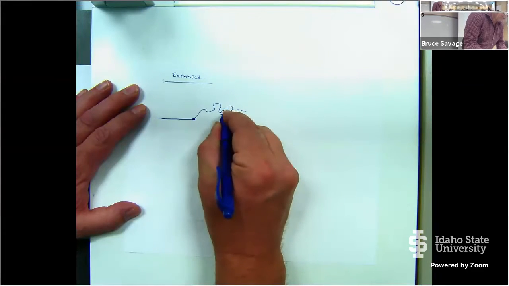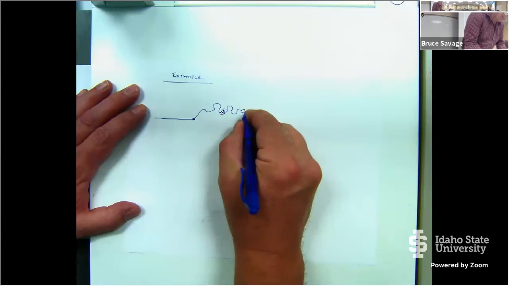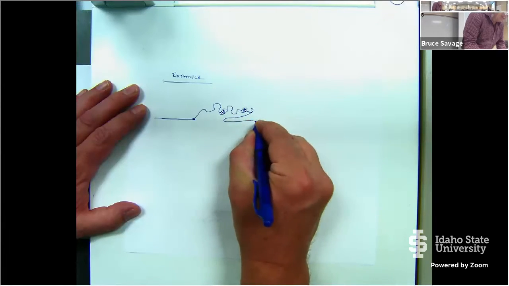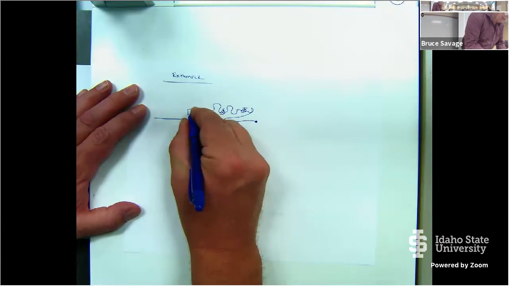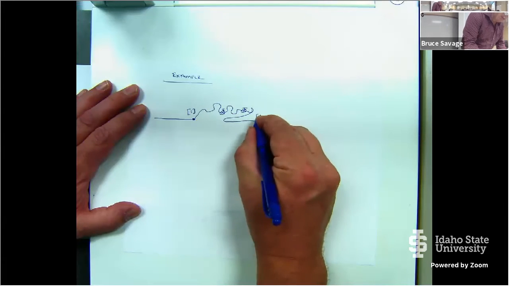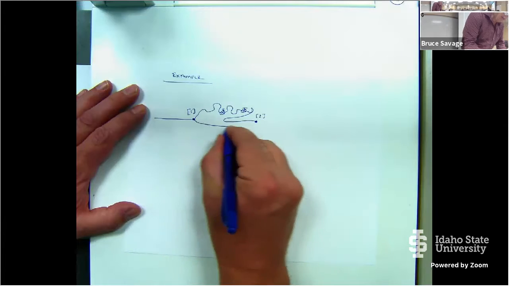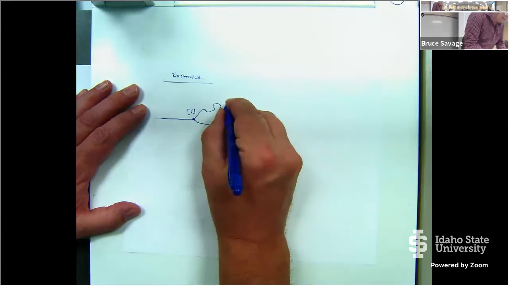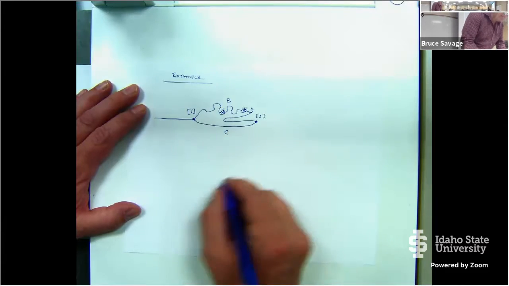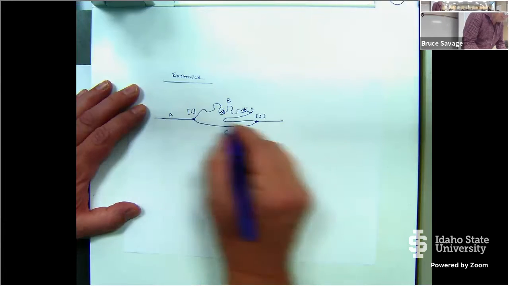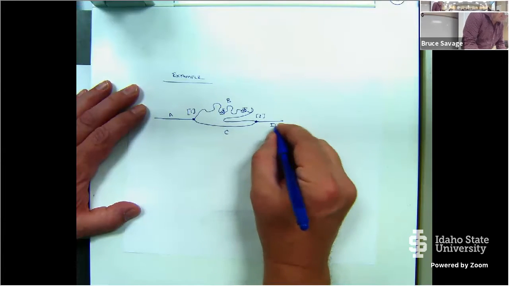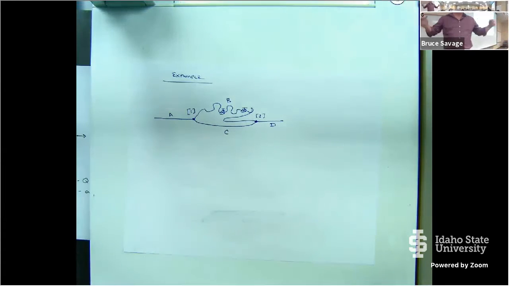Throw a few valves in here. So here's B and here's C. A, B, C, and D. Now A and B are easy. They're single conduits. We've already done those. We've solved that problem.